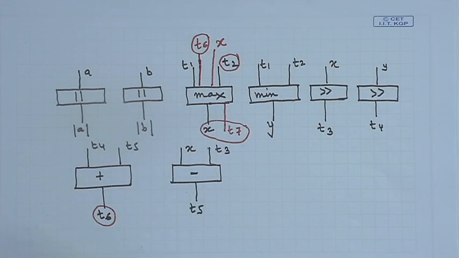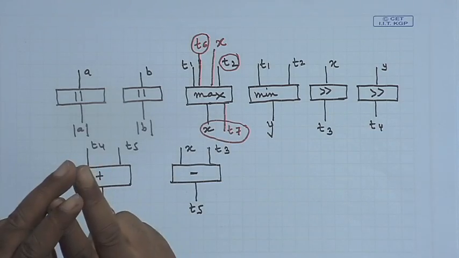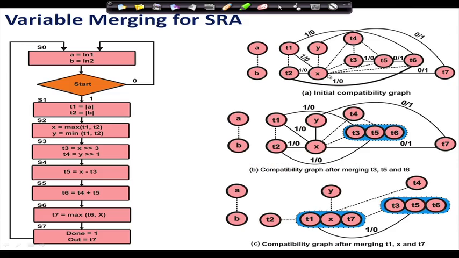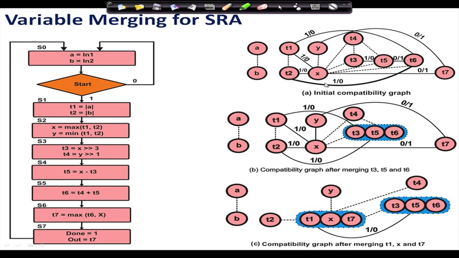Therefore, they are one sharing. I can, because this max is a commutative operation, very well make the left input the right input, that is not an issue here. So, that is also 1 0. That is how we make this compatibility graph, where we mark the incompatibilities and then give the precedence or the possibilities of merging with 1 0, this sort of thing.